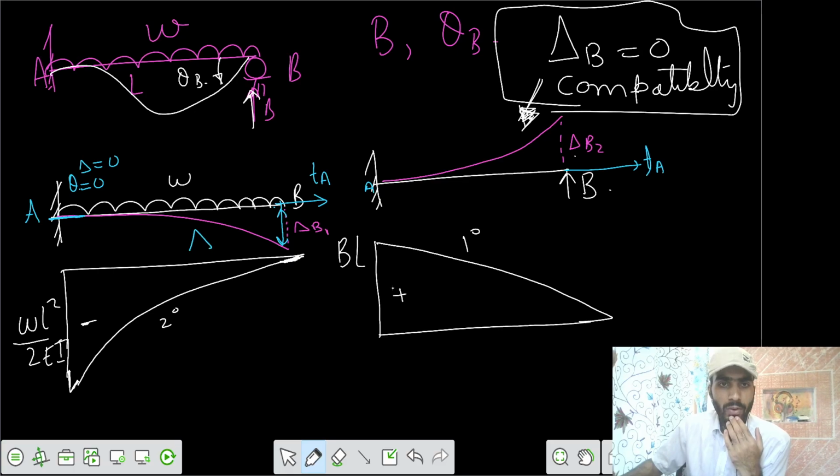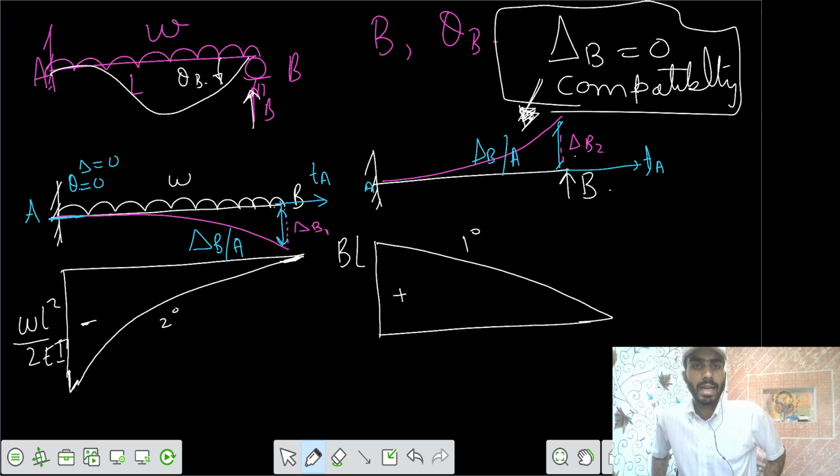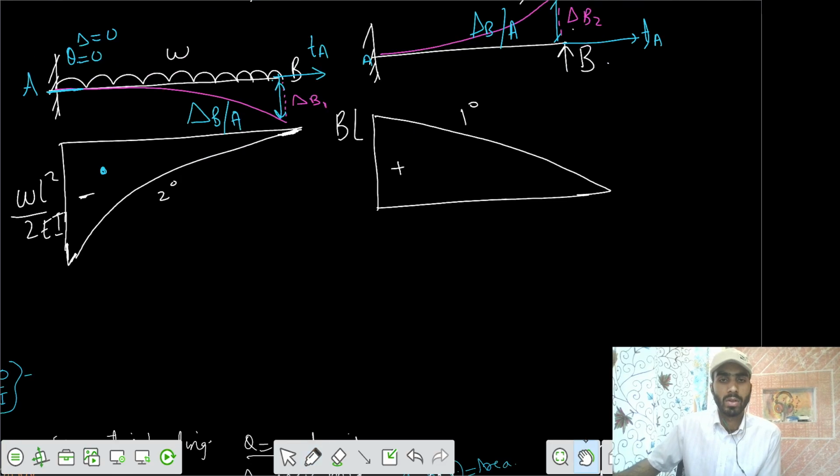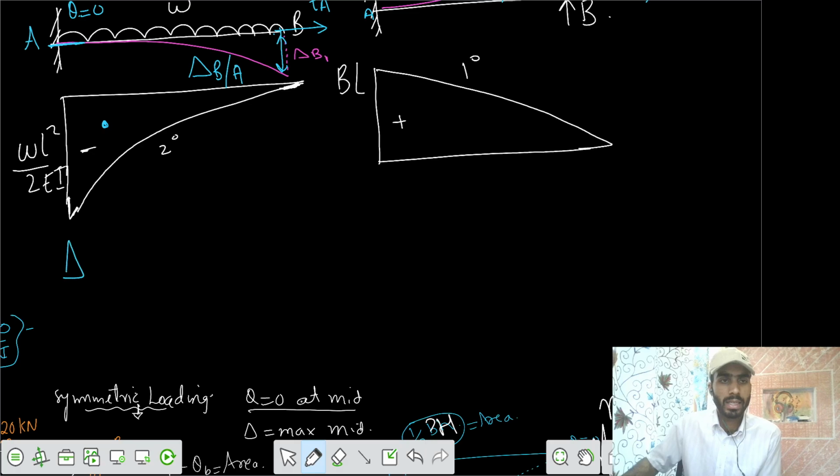This value equals the deflection at B with respect to the tangent drawn from A. Similarly, this value is also the deflection at B with respect to the tangent drawn from A. So delta B1 is the deflection of B with respect to A, which equals the area multiplied by the centroidal distance about point B. So what is delta B net? We know that delta B net equals 0, that equals delta B1 plus delta B2.